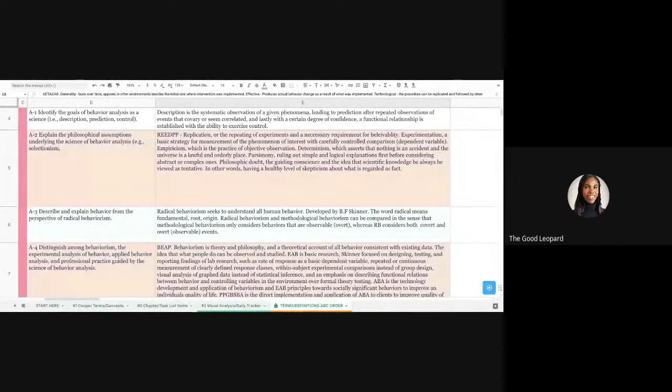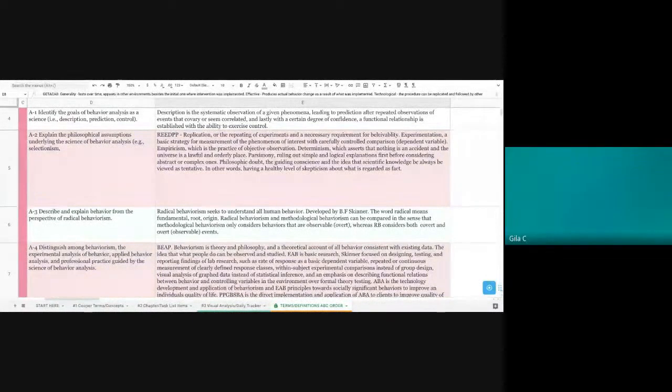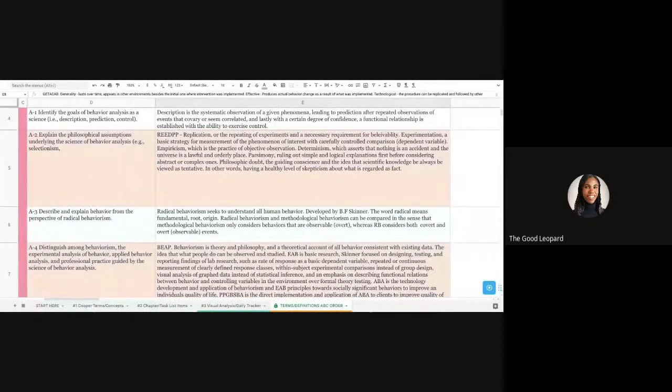So the client's always the dependent variable? Always. Okay. Because that's what we're manipulating, right? We're manipulating that to get a change, right? Exactly. And if you're still having trouble with the independent variable, if you look at any graph and you see the client and then you see the intervention on the graph, the intervention is always going to be on the bottom line, or the x-axis.